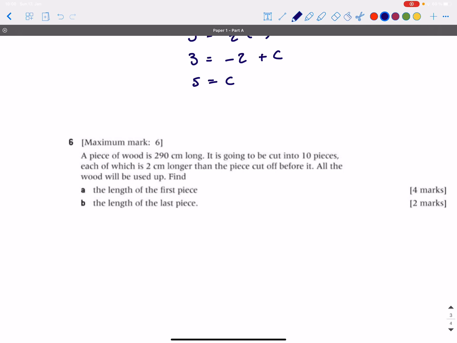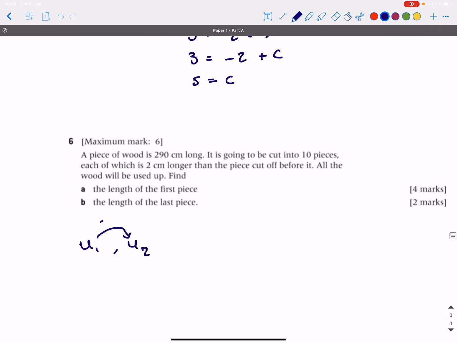I'm going to start writing this in sequence notation because it'll be useful to us later. We've got our first piece of wood, and then our next piece of wood, which is going to be 2 centimetres longer than it. Our next piece of wood is 2 centimetres longer than that, and so on and so forth until I get up to the final piece of wood, U10, because it's going to be cut into 10 pieces.